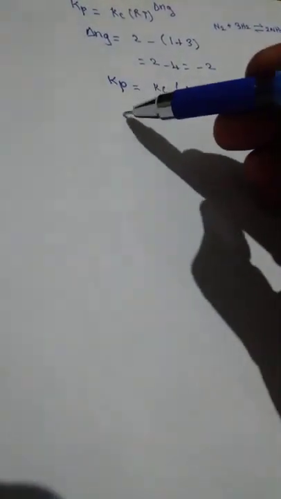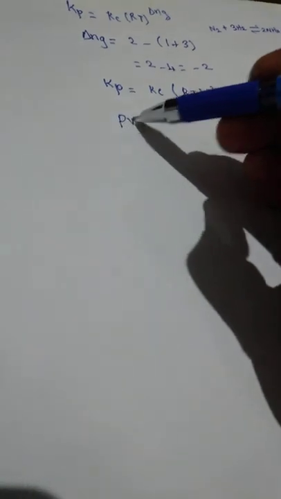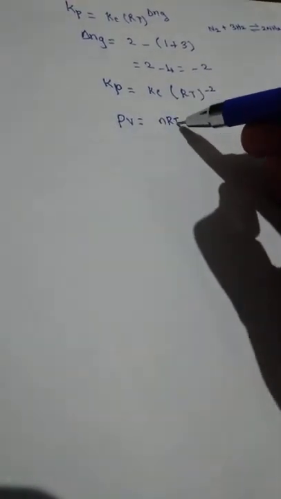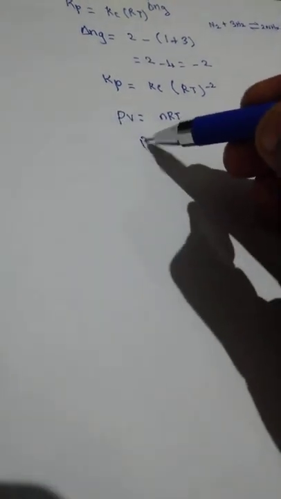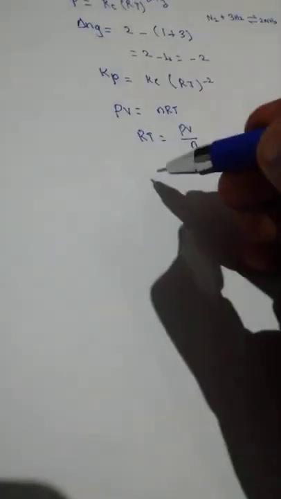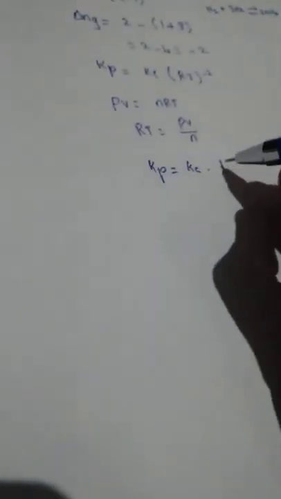From the ideal gas equation, you can write the RT formula. The ideal gas equation is PV is equal to nRT. From this, RT is equal to PV divided by n. You can substitute this value. So Kp is equal to Kc into (PV divided by n) power minus 2.